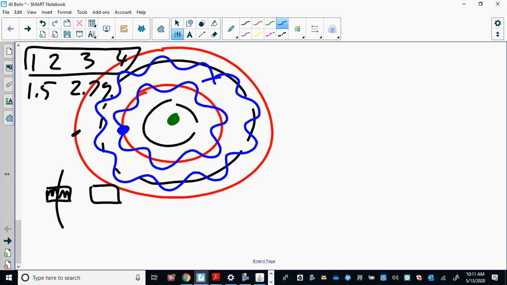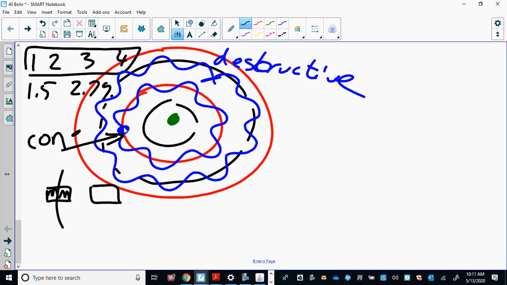What happens here? Oh no, that is destructive interference. So this one here had constructive interference, but this would have destructive interference.